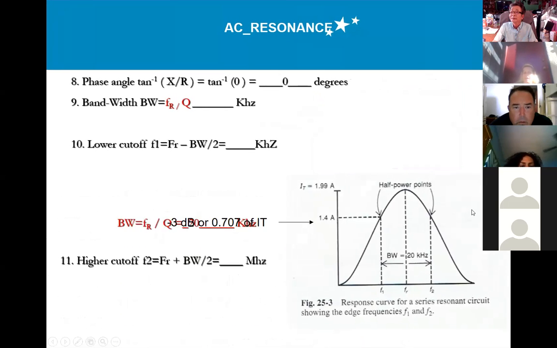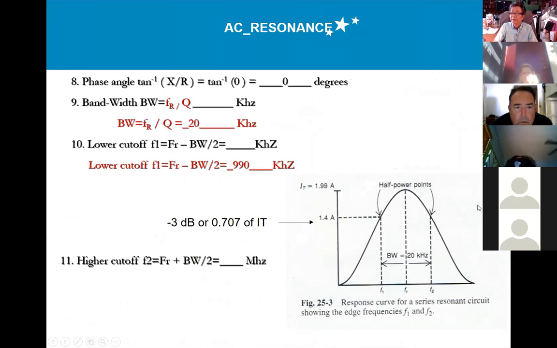Okay. So square root, so take L times C. Okay, now you're looking at the display here.